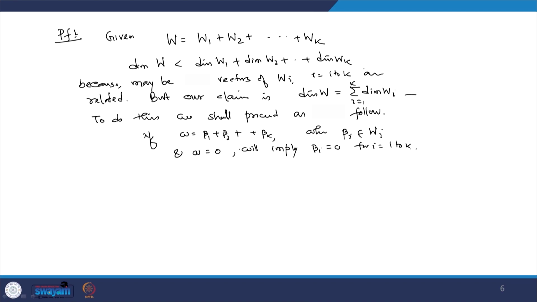We want to show this. First I will show that if the sum of these elements equals 0, then each beta i equals 0. Then we will go to the next step.